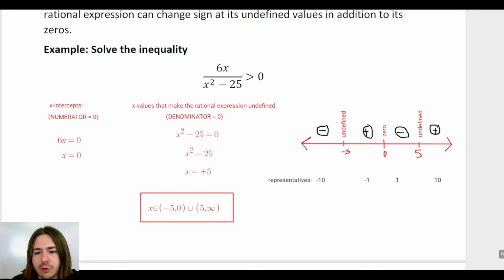You'll put all of those x values, whether they make the numerator or the denominator equal to 0, on this number line. Make a little note to say whether or not it's going to make it 0 or undefined. Pick representatives, one number in each interval to plug in and find out whether or not the function is going to be positive or negative in that interval. And then go back and look to see what the actual question was asking. Is it greater than 0, less than 0, etc.